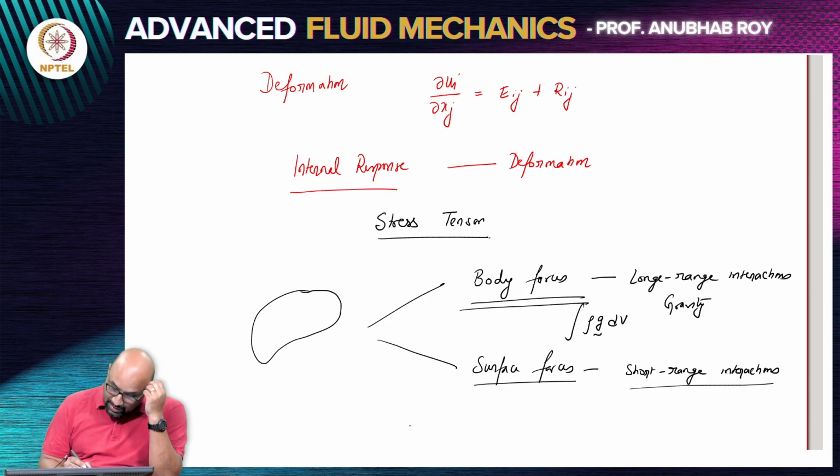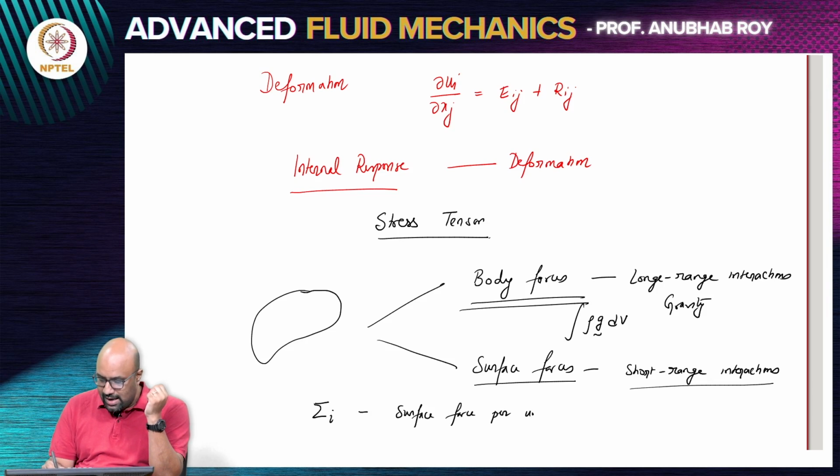So I'm going to define a quantity, using the Greek alphabet sigma, to denote a surface force per unit area. Sometimes you might find in the literature this is also known as the traction vector.